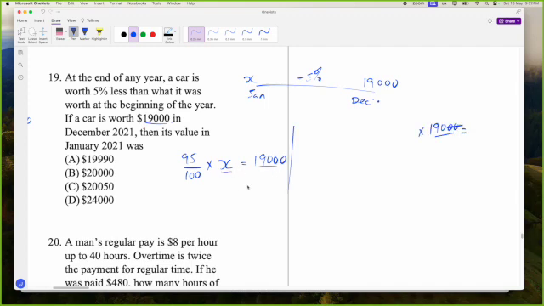Well, that's the same thing I do. 95% of X. And so you can see that when you throw across the 100, it will be 19,000 times 100 divided by 95. This is the correct thing.